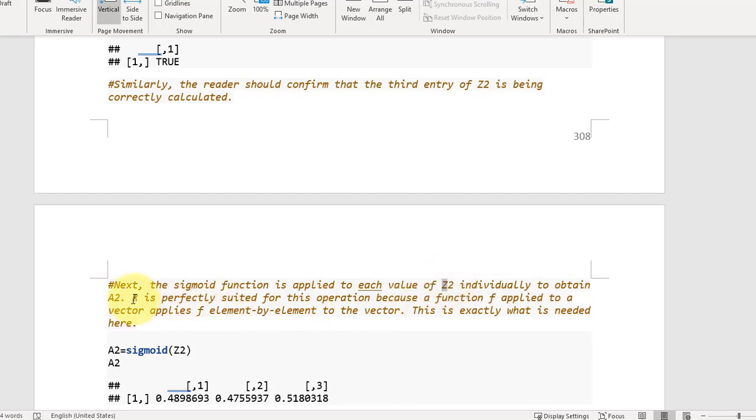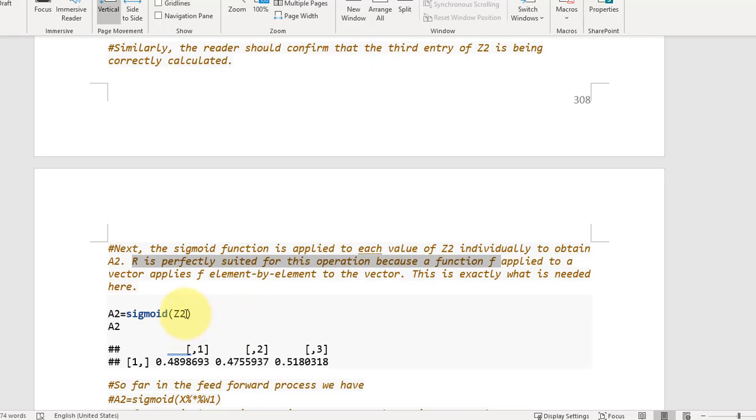Actually, in R, not so much in other languages, R is perfectly suited for this operation because when you take a function and apply it to a vector or to a matrix, R actually applies the function f element by element to the vector, which is exactly what we want here. So that's convenient that R does that. So we don't have to do it element by element.